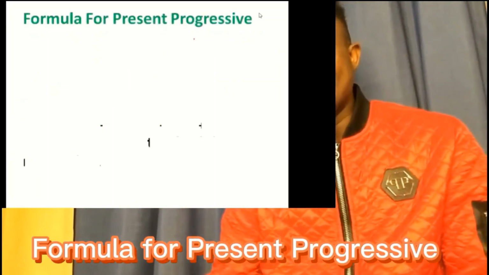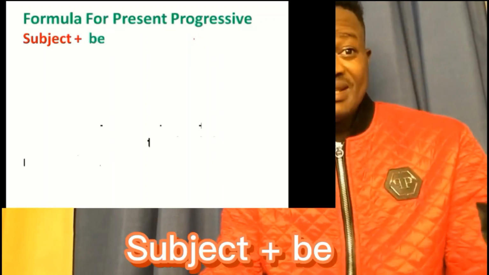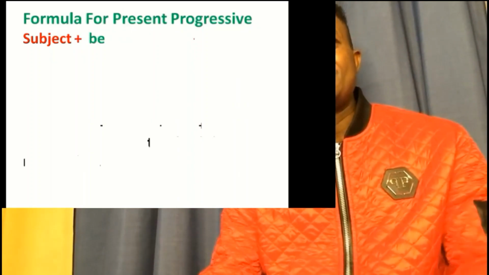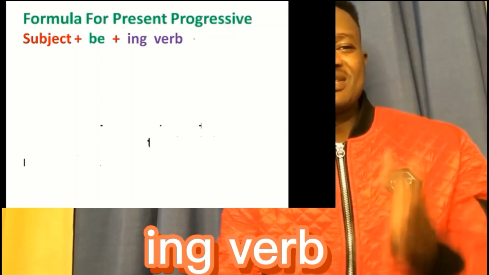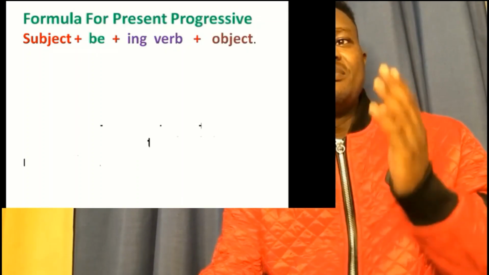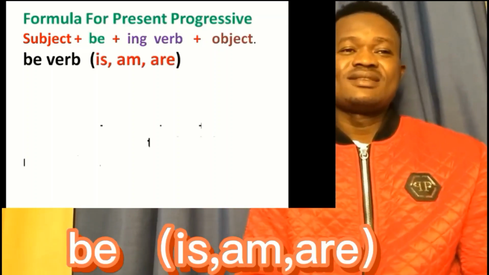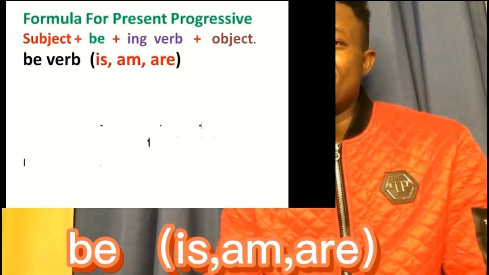Formula for present progressive. All right. Okay, guys, let's go. Subject, plus be verb, plus ing verb, plus object. Be verb is, am, are. These are the be verbs. All of us know the be verb, you know.